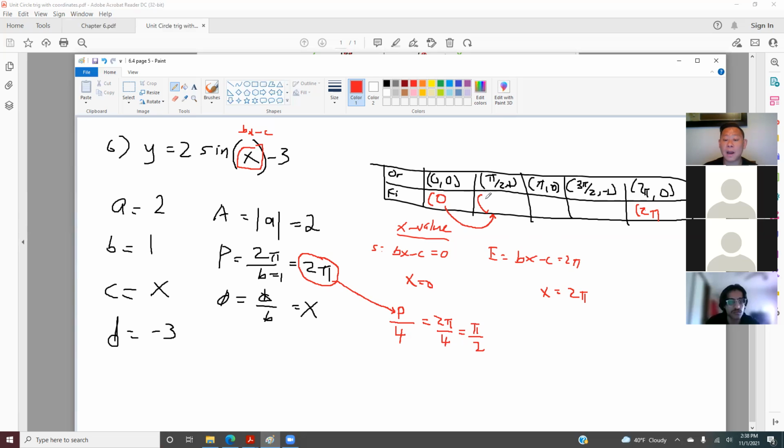So 0 plus pi over 2 is pi over 2. Pi over 2 plus another pi over 2, you get pi. Pi plus another pi over 2 is 3 pi over 2. And then plus another pi over 2, you get 2 pi. So this is how you figure out your x value.